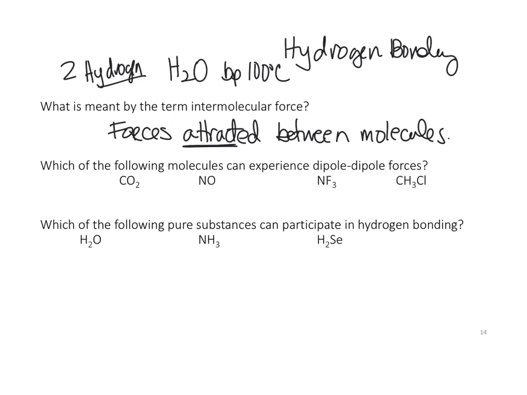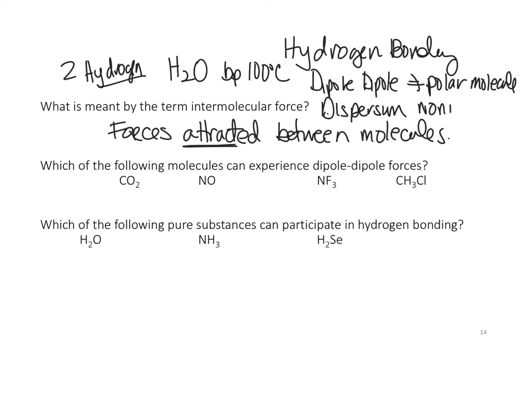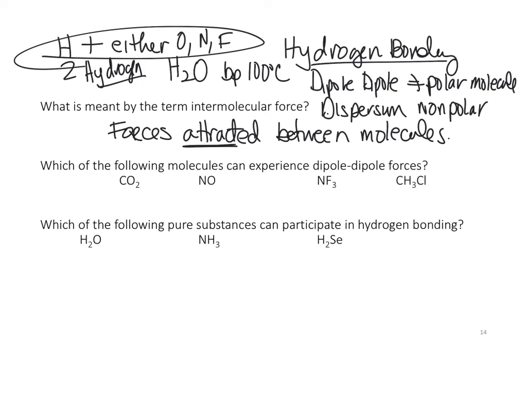Then you have dipole-dipole. If you have a polar molecule, you're going to have dipole-dipole. And then dispersion is what you have from nonpolar molecules, like your hydrocarbons. For hydrogen bonding, you have to have a hydrogen and either an oxygen, nitrogen, or fluorine. That's what it requires for hydrogen bonding.